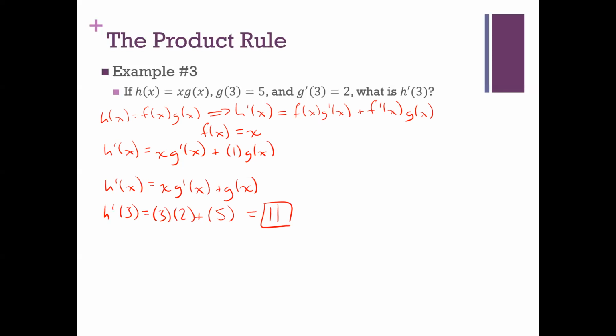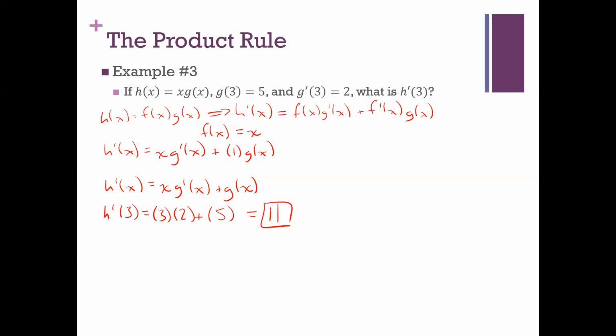Any questions on this one? Go ahead. Two component functions. G of x, I have no idea what it looks like, but it doesn't really matter. F of x, I know f of x is equal to x in that case.